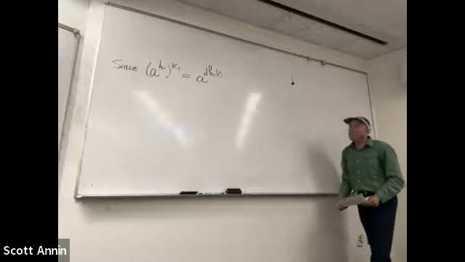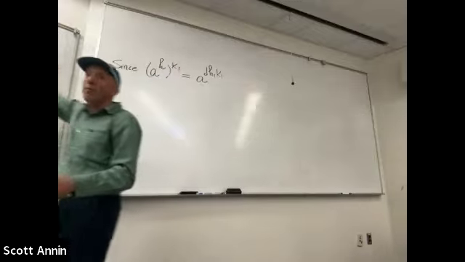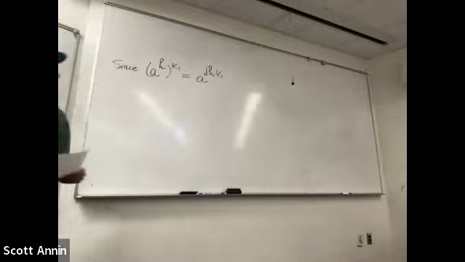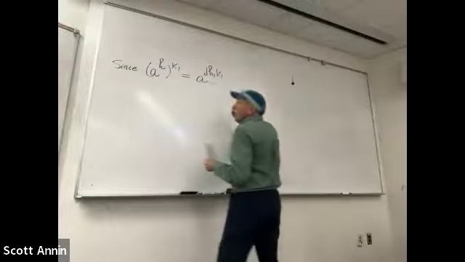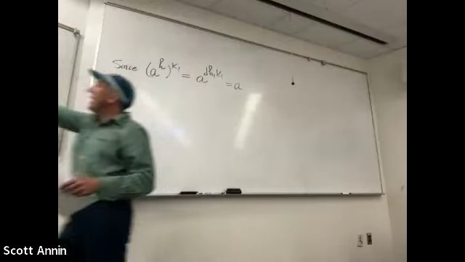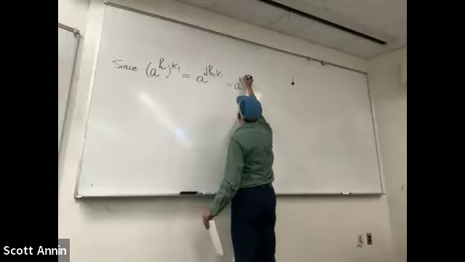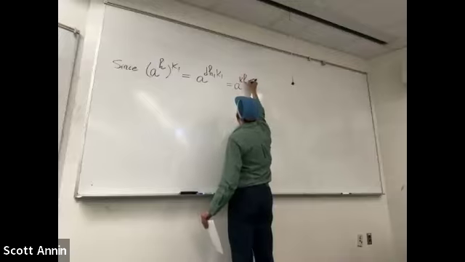So the H is the same as DH1. So this is where you have to follow the alphabet soup a little bit. But DK1 can be recombined as K. So this becomes A to the K H1.